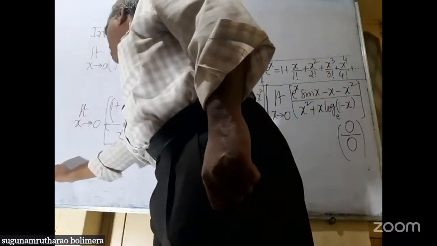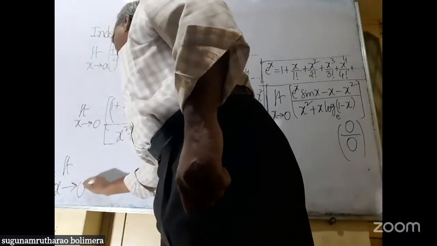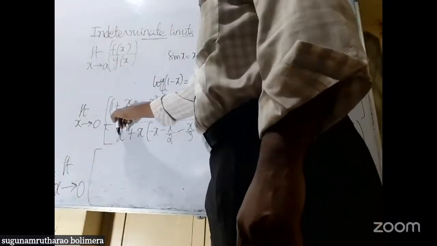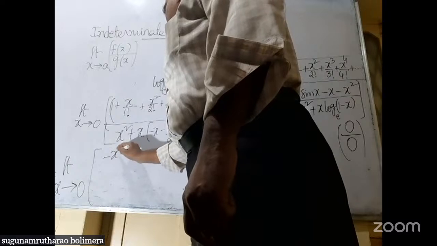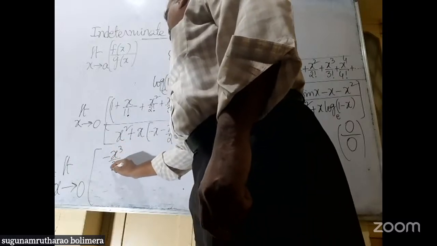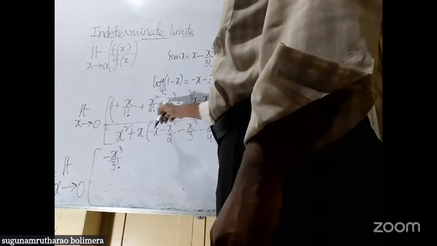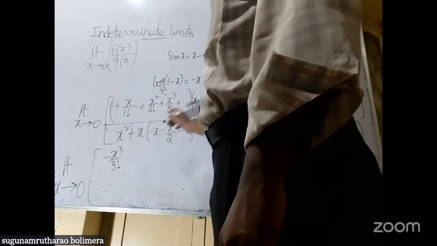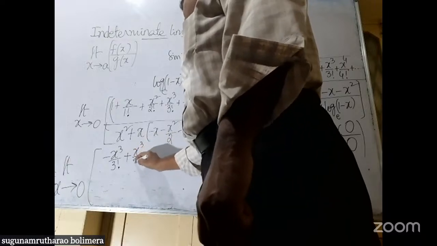Limit x tends to 0, one into minus x cubed by 3 factorial, plus x into x square by 2 factorial, that is x cubed by 2 factorial.